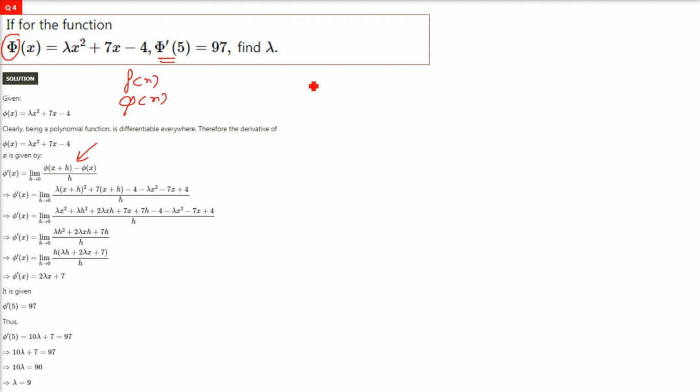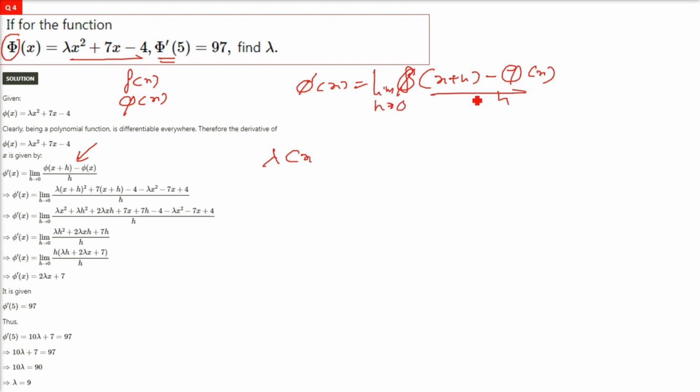Nothing else. So phi dash x will be phi x plus h minus phi x, divided by h. What is phi x plus h? Replace x by x plus h: lambda x plus h whole square, h in the denominator, right?